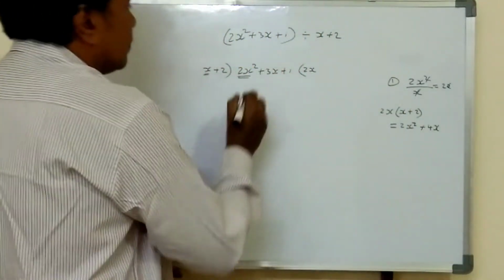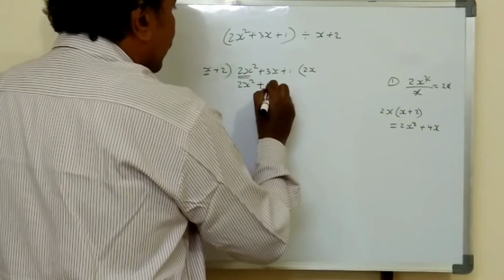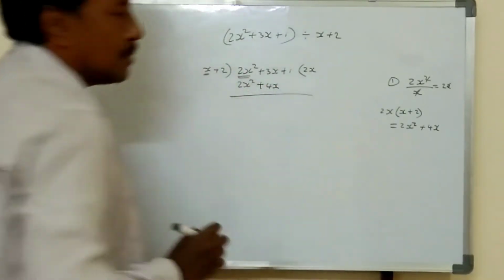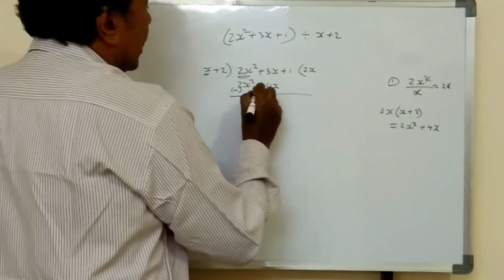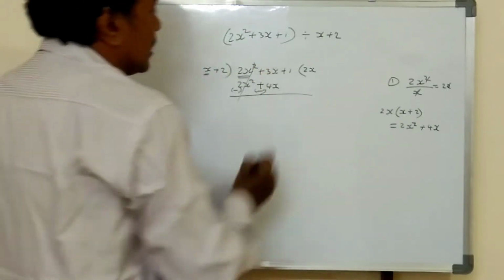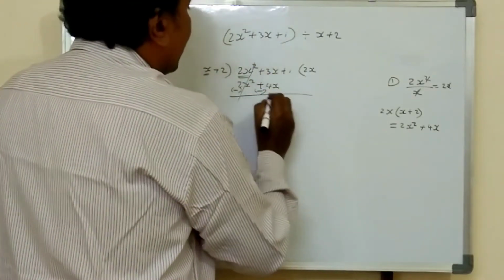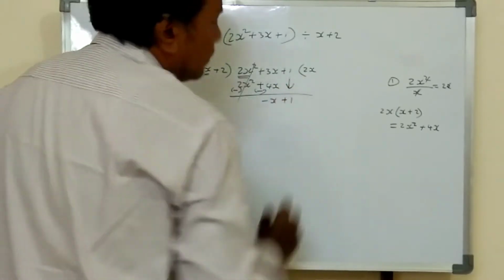So keep this here: 2x square plus 4x. Now subtract. Minus, minus. 2x square minus 2x square cancels. So plus 3x minus 4x is equal to minus x. Take down the next term, plus 1.